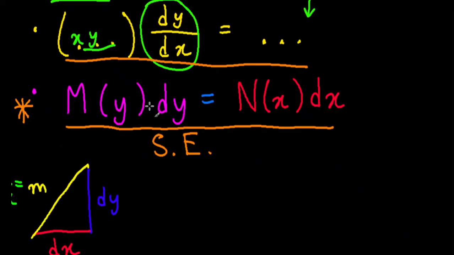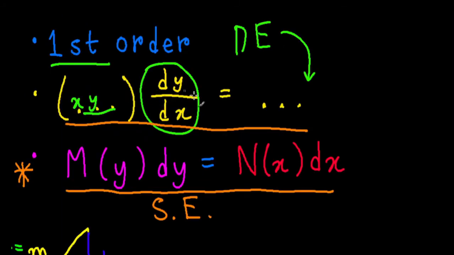So what you need to check here, it kind of seems intimidating, but basically what it means is you need to see if you can bring your equation to this form, where with dy you have some function of only y multiplied with it, and this is going to equal dx multiplied by some function of only x. Only x, cannot have y.